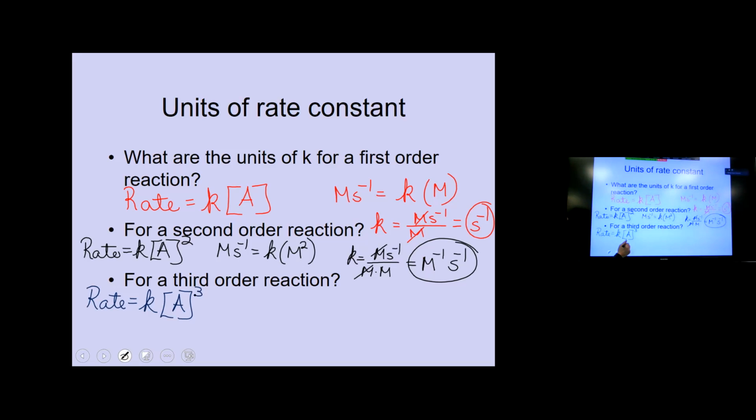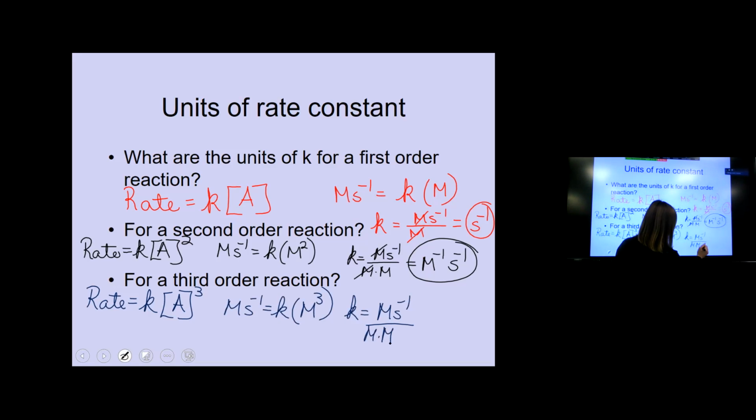So if I need my rate to be molarity per second, and I have molarity cubed, in order to find K, it would be molarity per second divided by 3 molarities. So only one of those molarities would cancel. So my units would be molarity to the -2, or you could do 1 over molarity squared. They're the same thing per second.